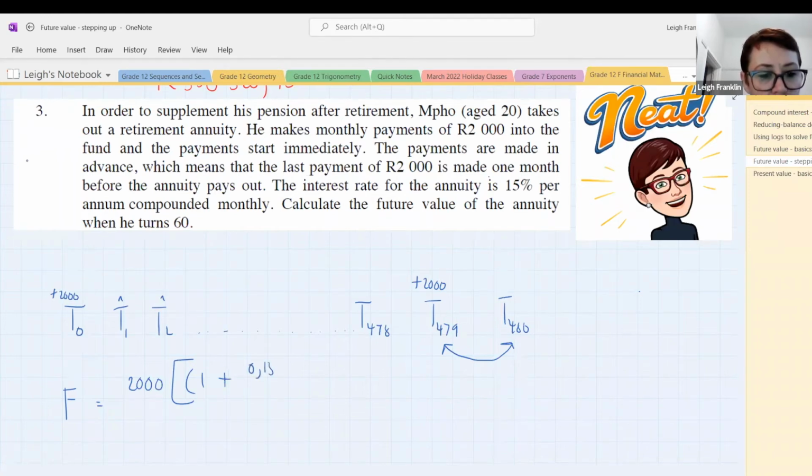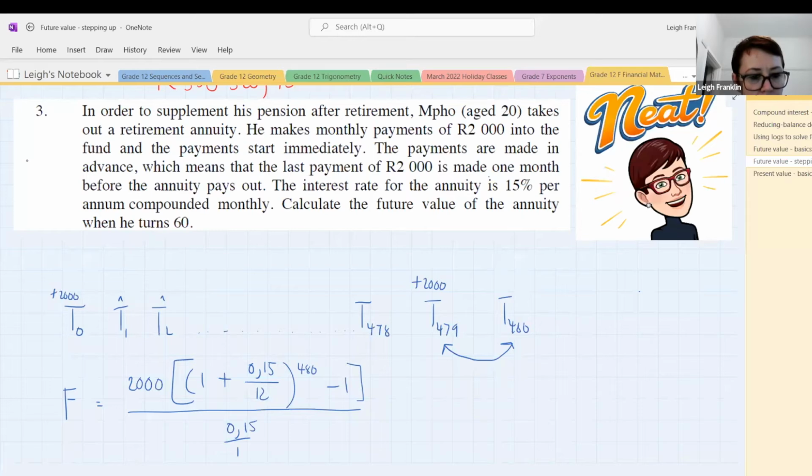That is a very nice interest rate. I don't think any of us would get that, but anyway, compounded monthly. And Paul makes 480 payments, minus 1, over 0.15 over 12. And now his money has to grow for the last month.